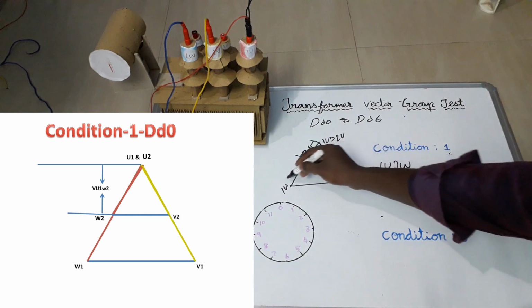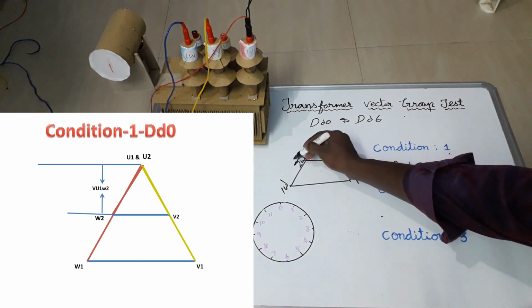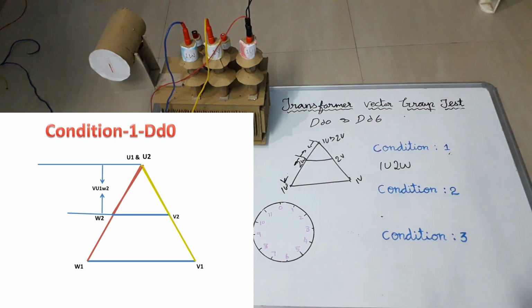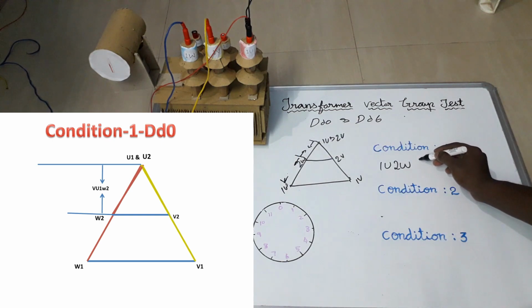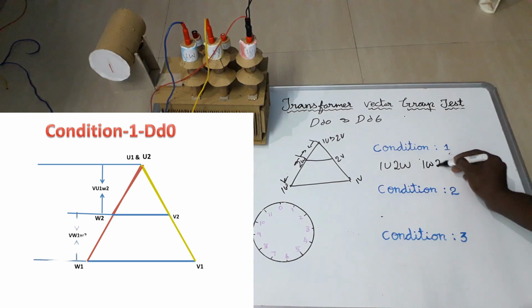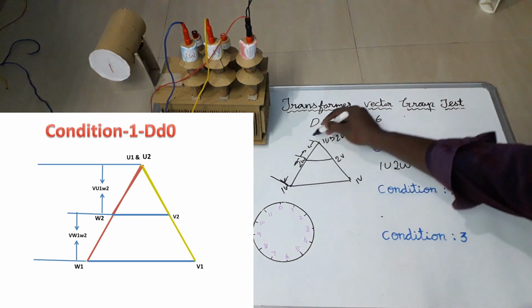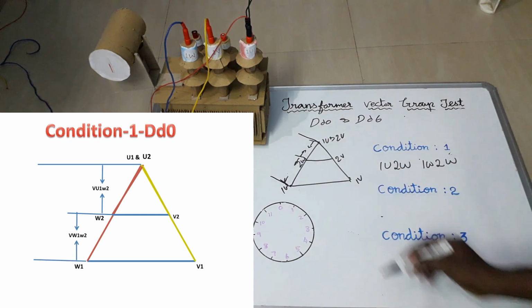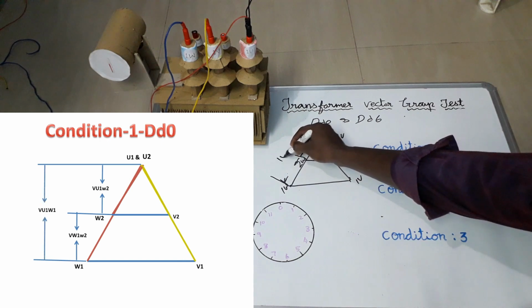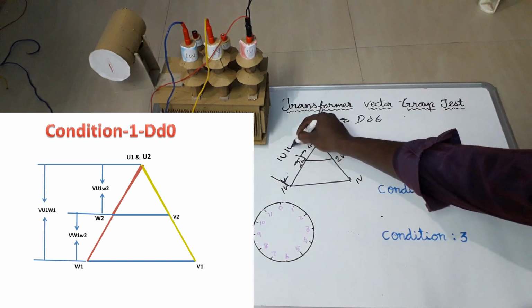Second, we have to check this, 1W, 2W voltage. Third, we have to check this overall. That is 1U, 1W.